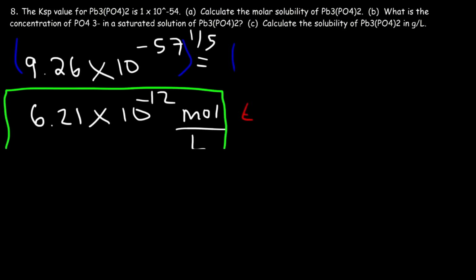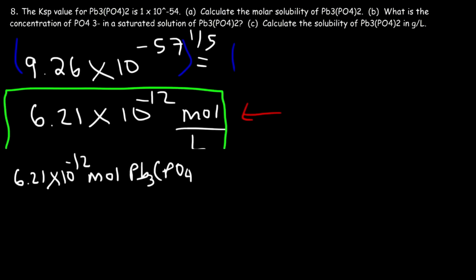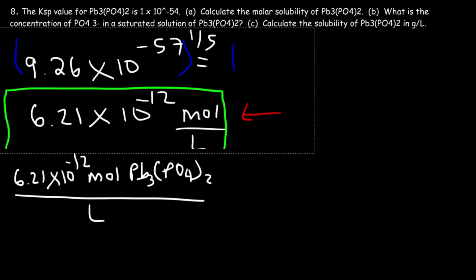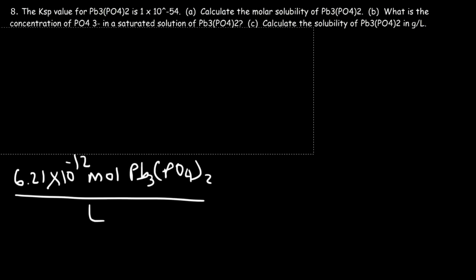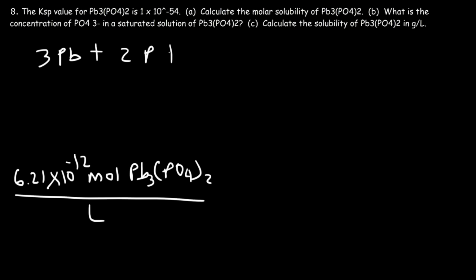So we're going to start with this number. 6.21 times 10 to the minus 12 moles of lead 2-phosphate per liter. And all we need to do is convert moles into grams. So we need to calculate the molar mass of lead 2-phosphate. So there's 3 lead atoms, 2 phosphorus atoms, and 8 oxygen atoms.